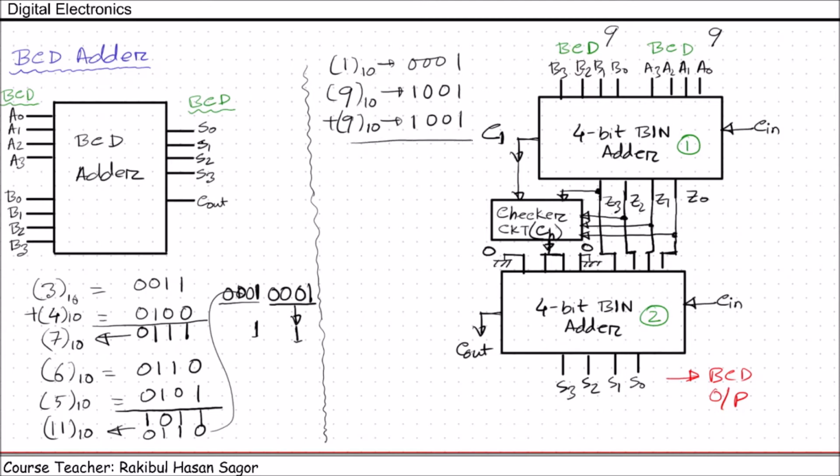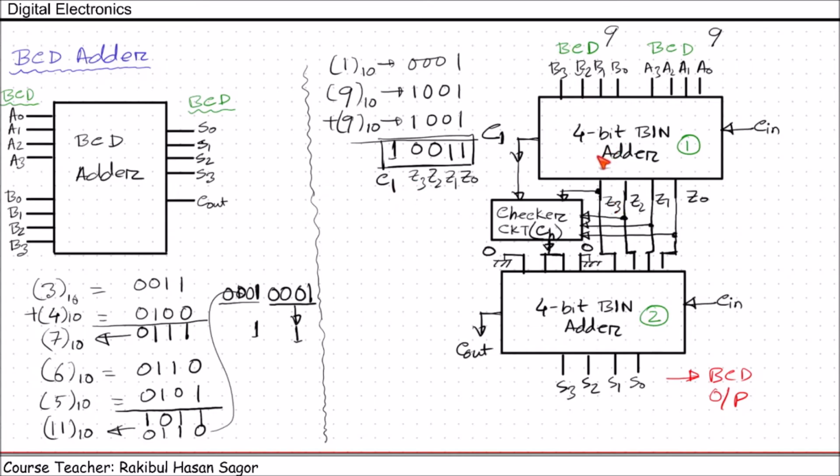After adding these numbers we'll get 1 1 0 1 plus 1 0 and 1 carry. So this is the maximum output we'll get as Z0, Z1, Z2, Z3 and C1.